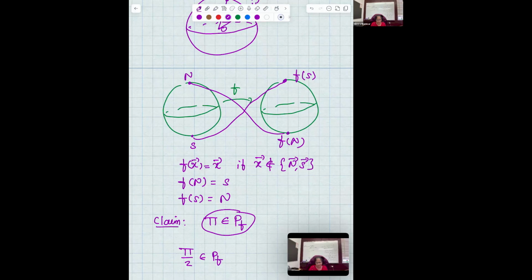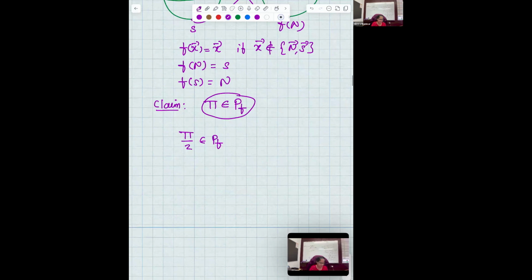Isometry implies continuous. However, this function is not continuous. So f is discontinuous. Or you can just show that some other distances are not preserved.